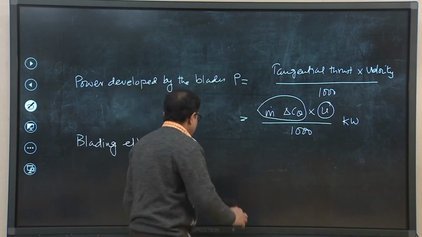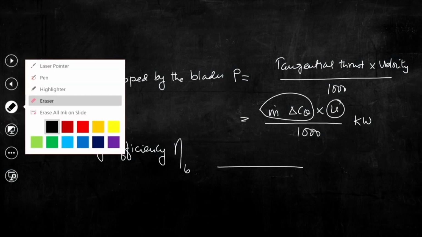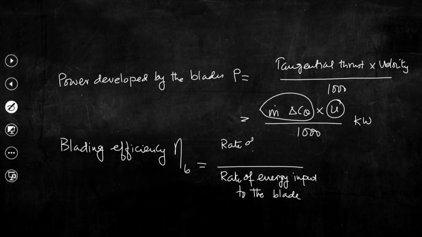So, we can write that this efficiency is defined by the ratio of rate of energy input to the blade and rate of work done, that is power on the blade.